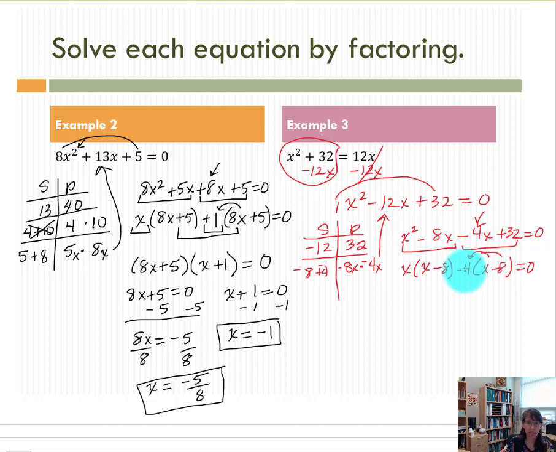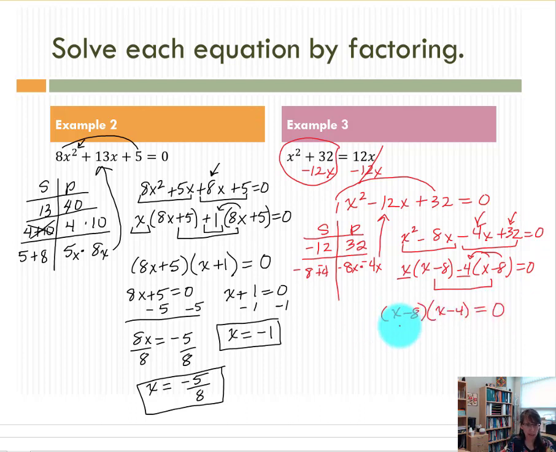Is negative 8 times negative 4 a match for 32? That looks great. So we matched our common factor, which is x minus 8. We form a new factor with x minus 4, and it is still equal to 0. So I do have an equation with every step.